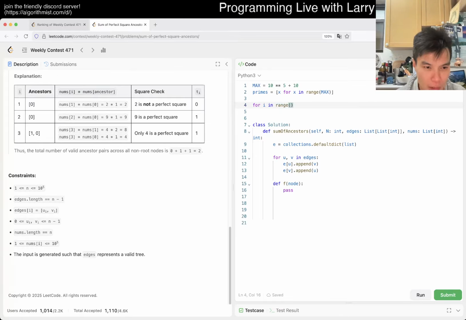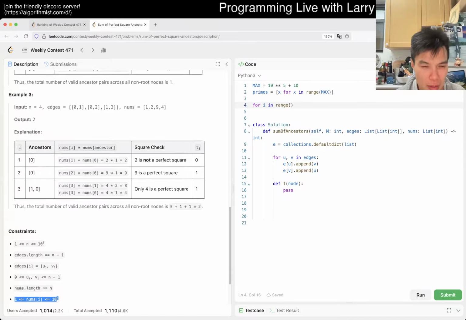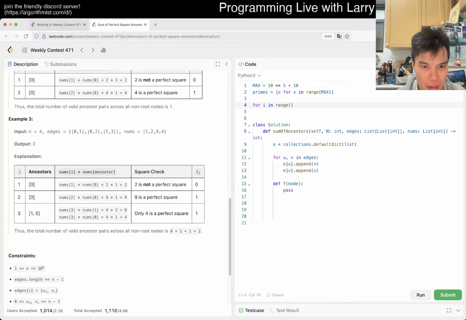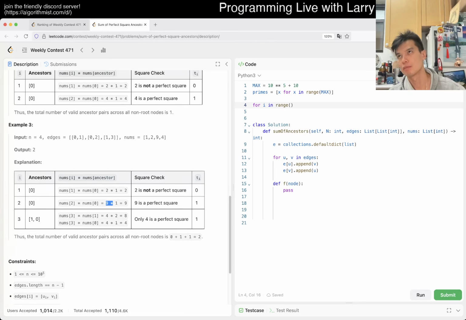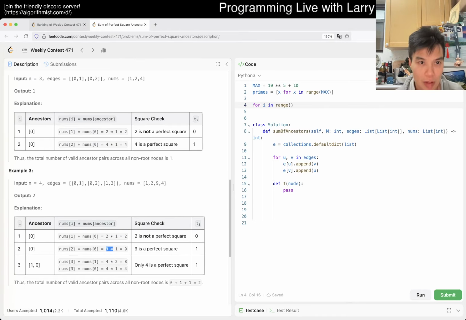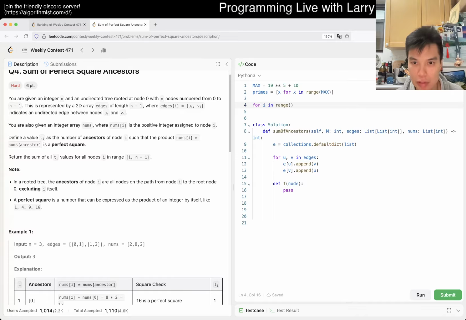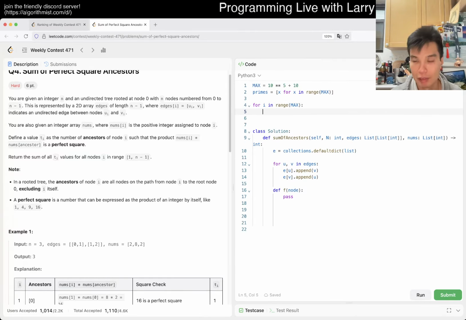Can nums be 1? Okay. Does 1 matter? 1 is weird. No, that's fine. Yeah, okay, fine. One is still a number though. Weird though.